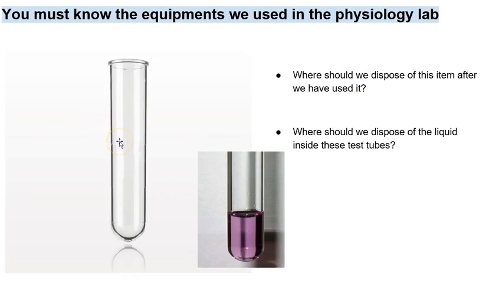So you should remember when we use the test tube, we place them into the test tube collection bucket. So after using the test tube, we place them into the test tube collection bin or bucket.